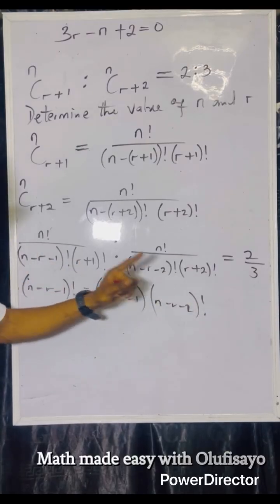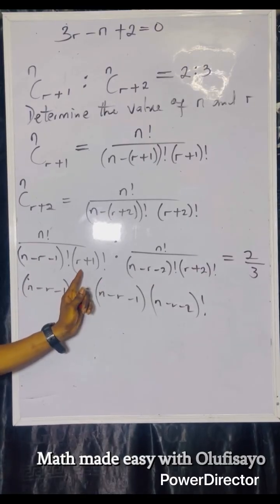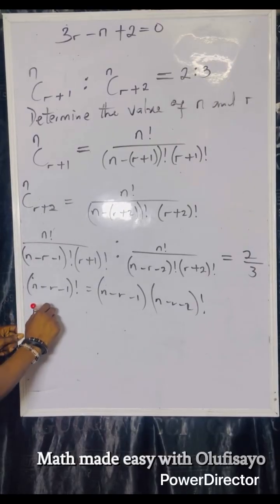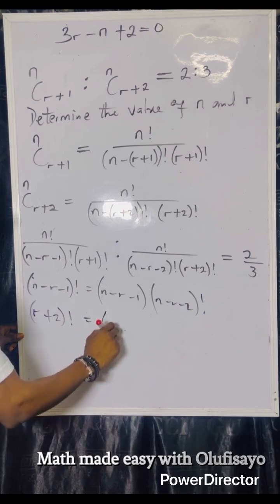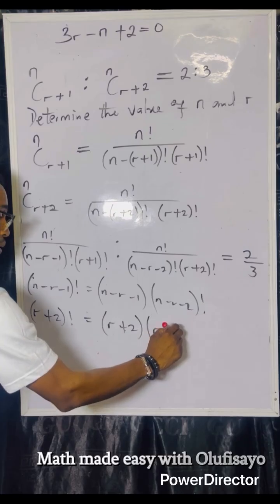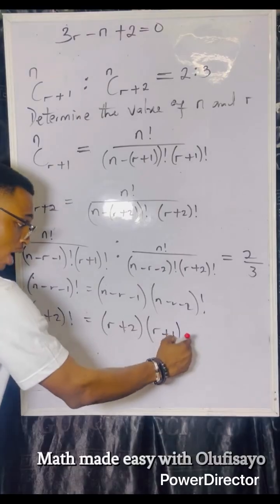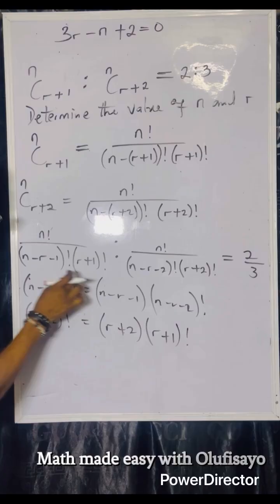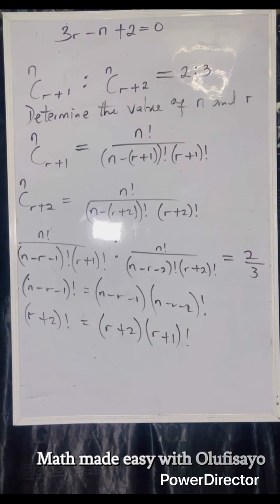Similarly, I want to remove this one, so I need to expand it. (r + 2)! is the same thing as (r + 2)(r + 1)!, because 2 minus 1 will give us positive 1. So what we need to do is to replace this with this and this with this one. So this is how it works.